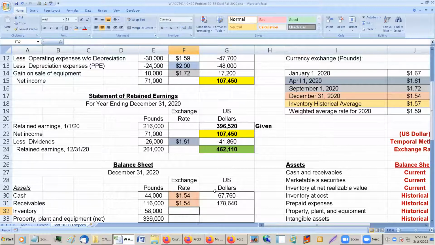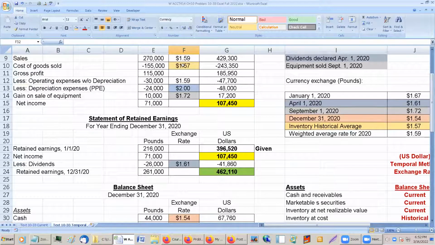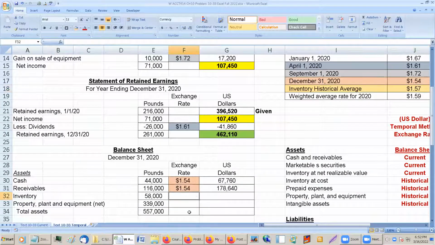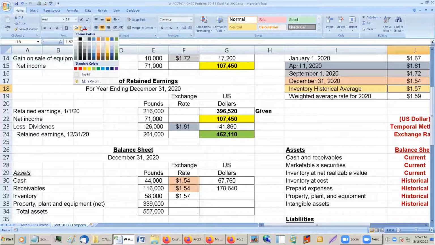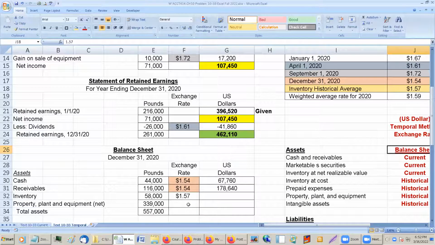Okay, inventory is going to be at the historical rate of 157. Didn't show that. Yeah, that's it. Okay.